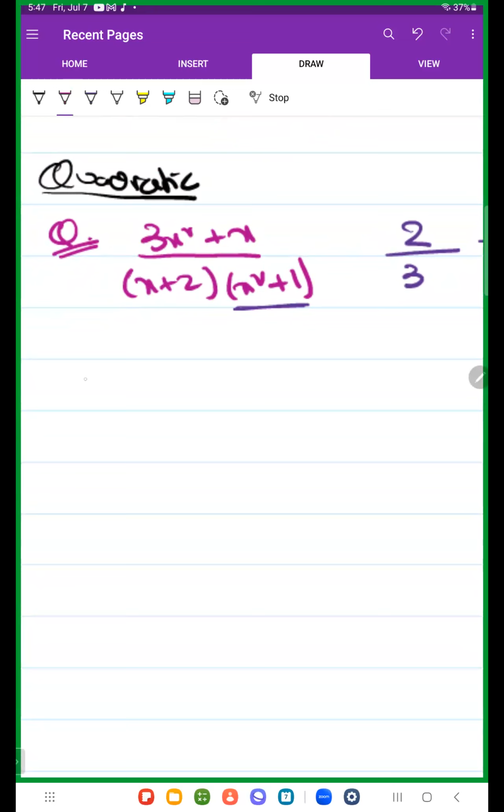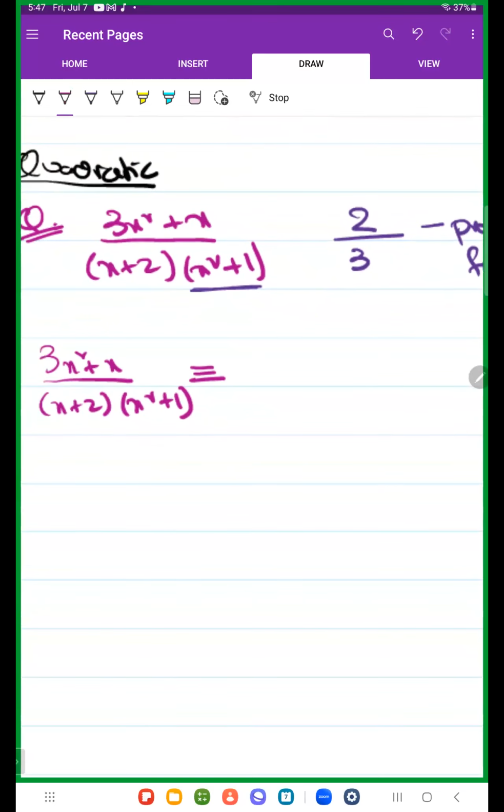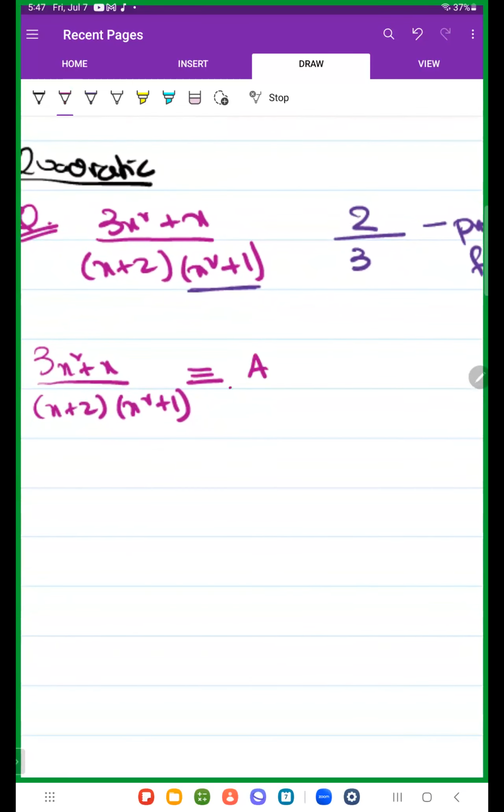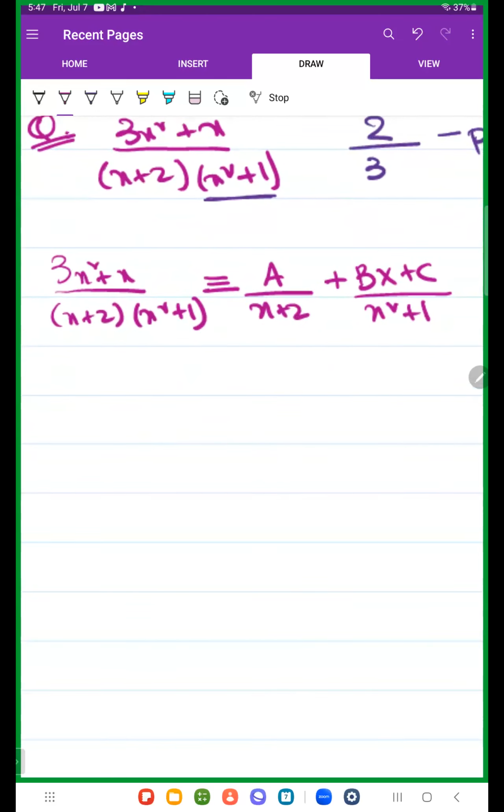So how do we expand this now? This equation equals a over x plus 2, plus bx plus c over x squared plus 1. Now you do the same thing. You take an LCM over here on this side.